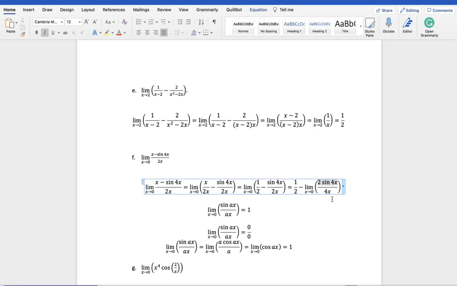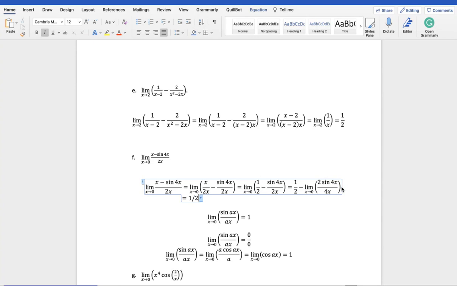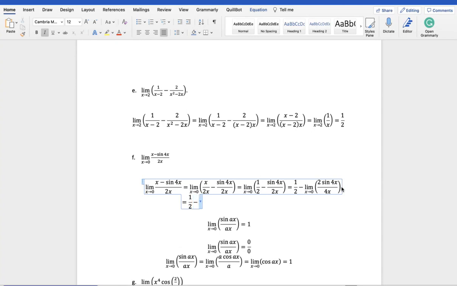It's a constant, so it doesn't really affect your calculation of the actual limit, but it just allows you to use the expression that you know from before. So you would now have 1 over 2 minus 2, multiplied by, because 2 is a constant, it can come out, the limit as x tends to 0 of sine 4x over 4, which will then give you 1.